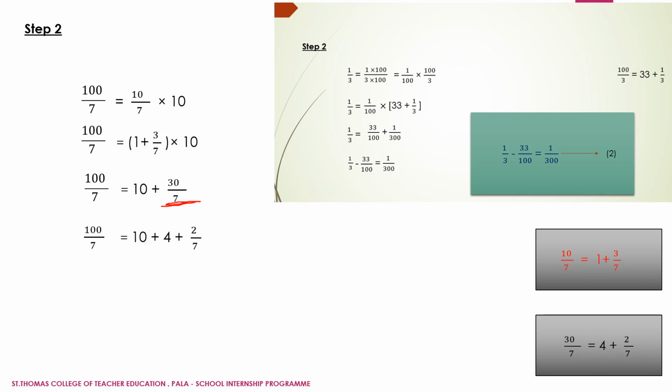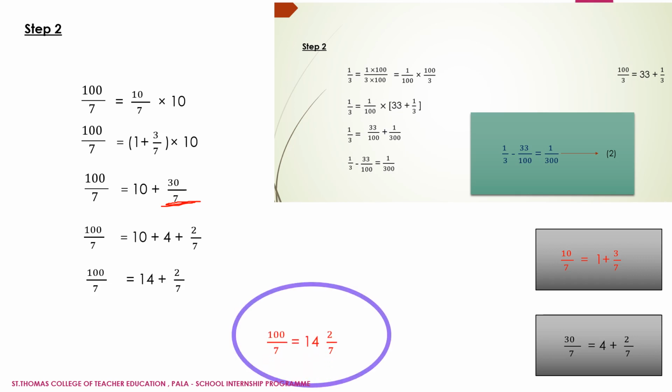And we can replace 30 by 7 with this 4 plus 2 by 7. And so we get the final answer as 14 plus 2 by 7. So we can write 100 by 7 as 14 2 by 7. Instead of writing 14 plus 2 by 7, we can write 14 2 by 7 also.